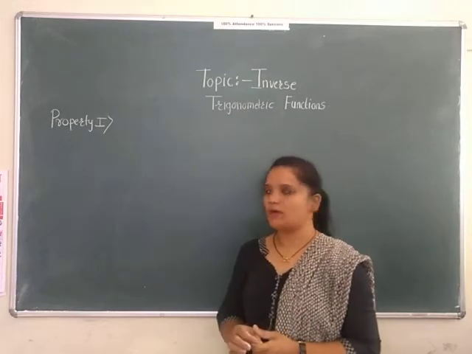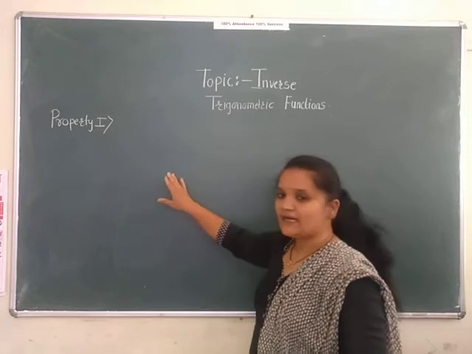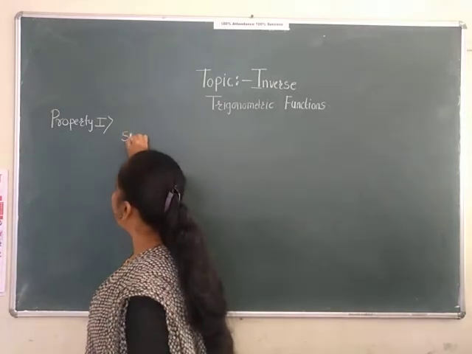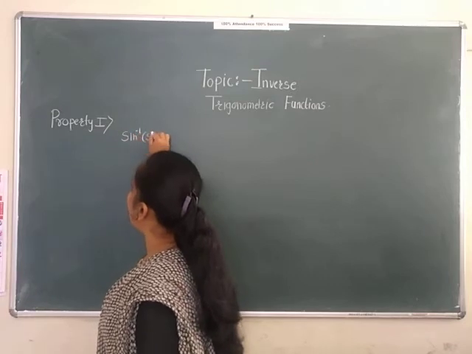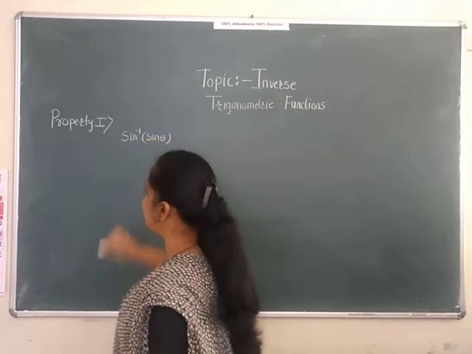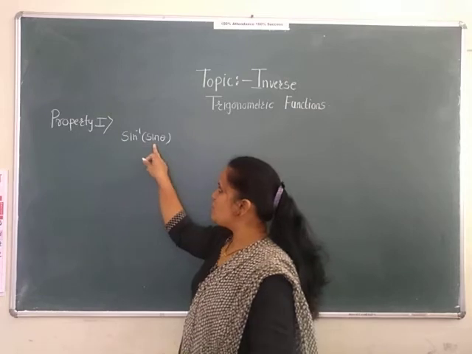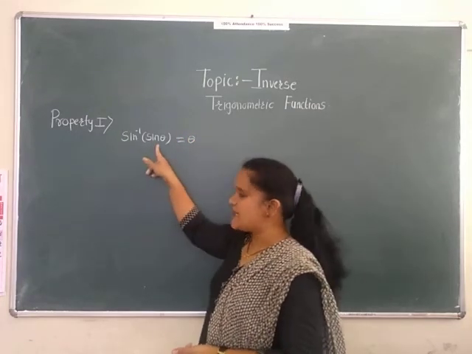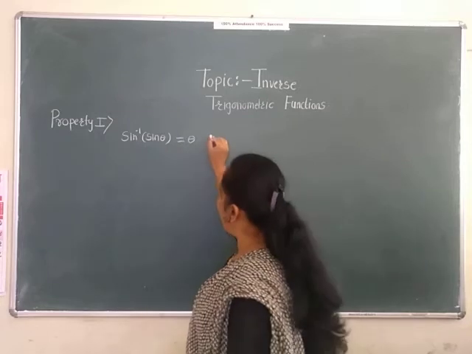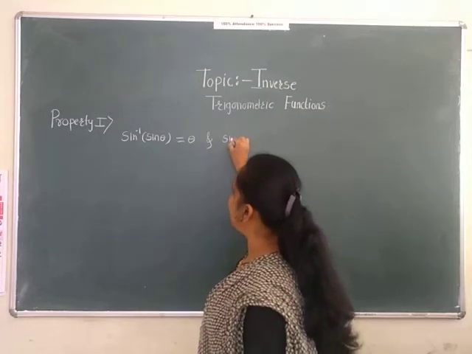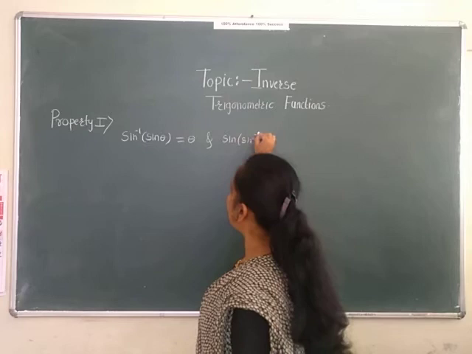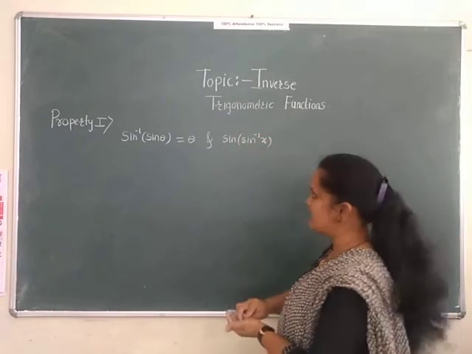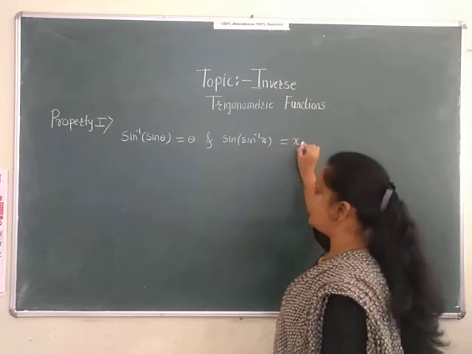In that, the first property is in this way. I will write one by one and explain them. First of all, sine inverse of sine theta gives you only theta. This sine inverse and sine get cancelled. In a similar way, sine of sine inverse x, the sine and sine inverse get cancelled and we get only x.